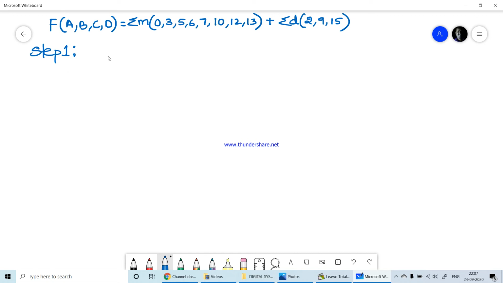Now let us go with step 1, which says to write the binary equivalent value of all these minterms given in the question.